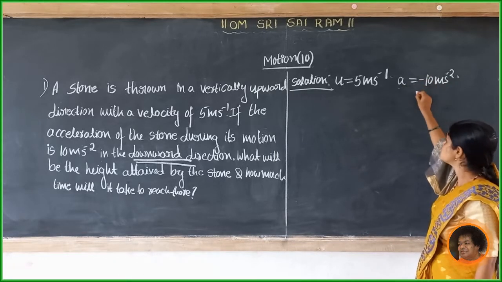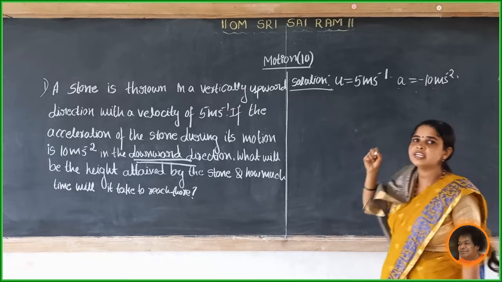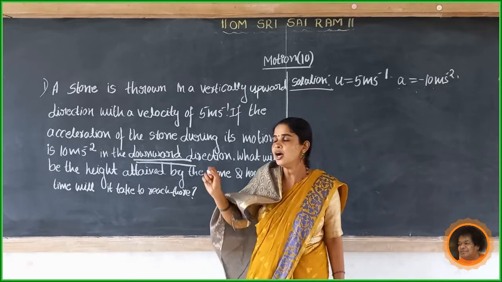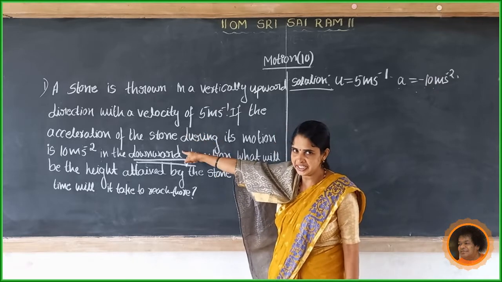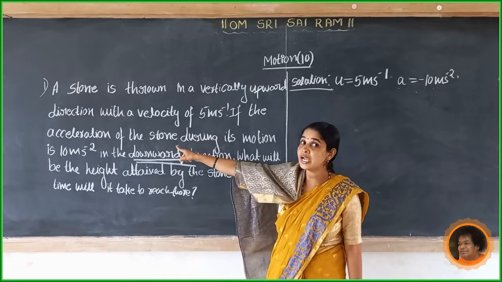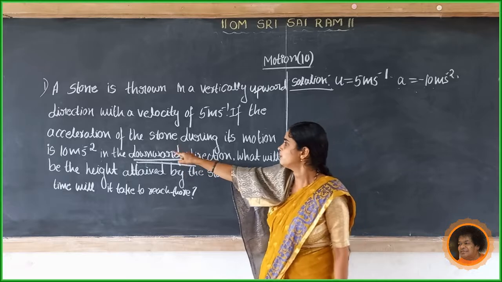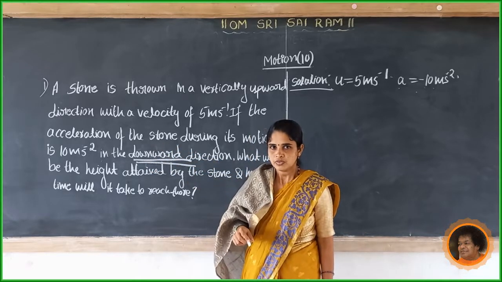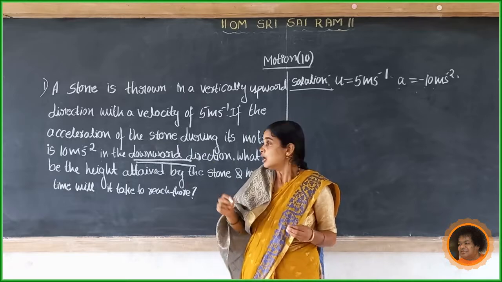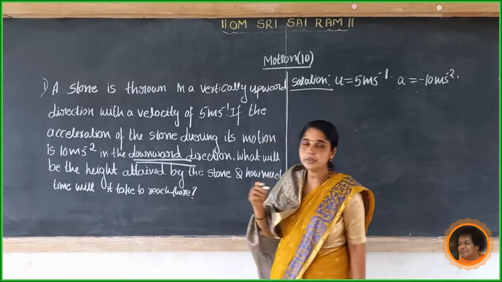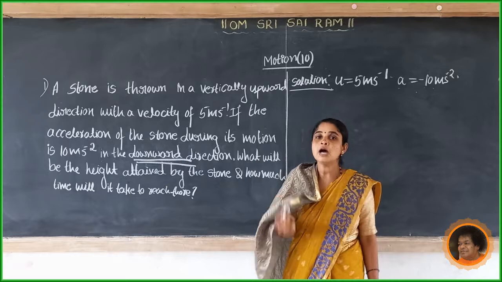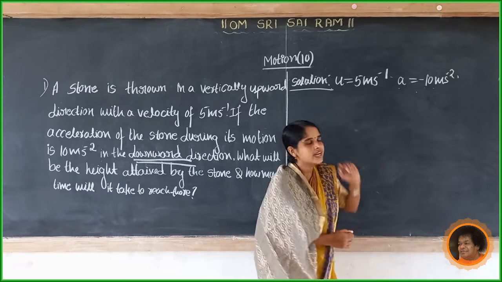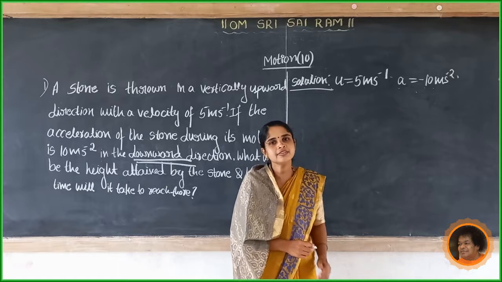So a equals minus 10 meters per second squared. Why negative here? It is the acceleration due to gravity, given as 10 meters per second squared, but the stone is thrown in the upward direction, so a equals minus 10 meters per second squared.